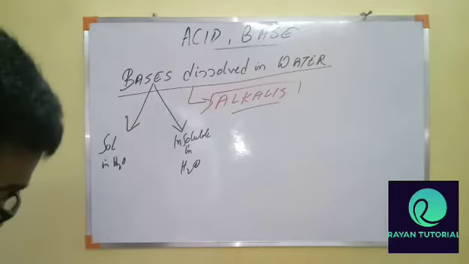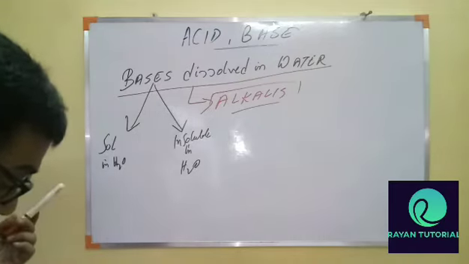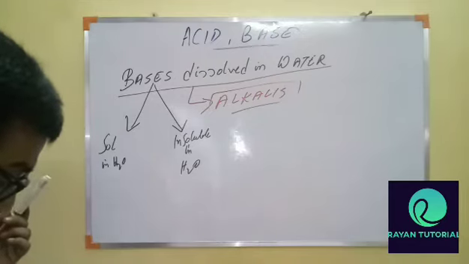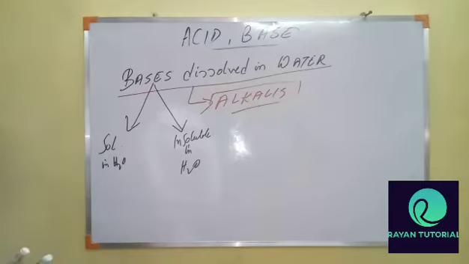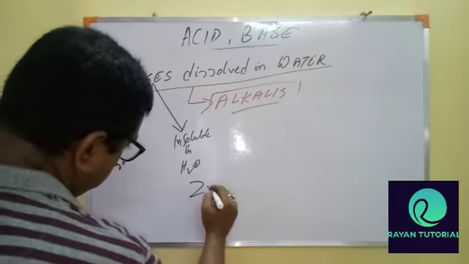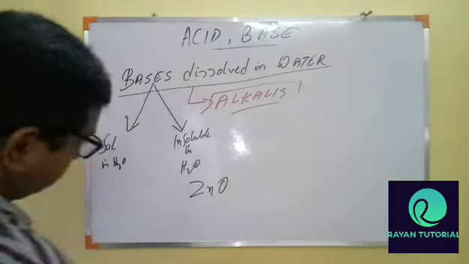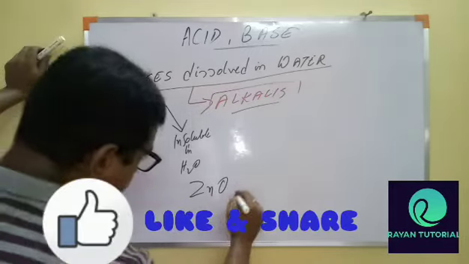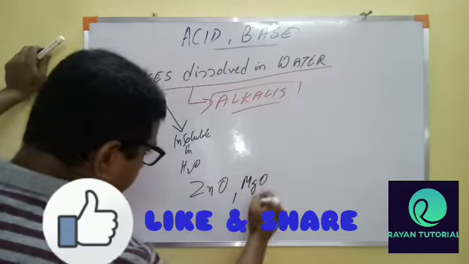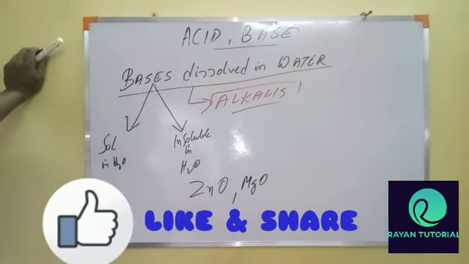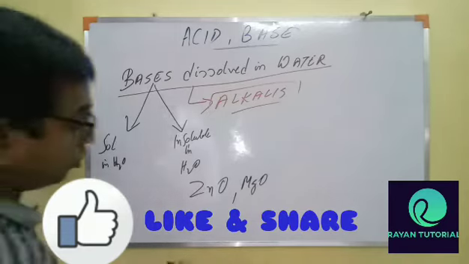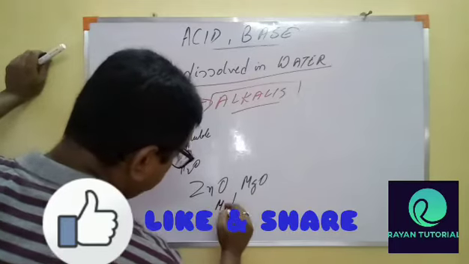Anything I left out? Examples you will get a lot in the book. ZnO, then MgO are all insoluble in water. Then what else? Magnesium hydroxide also.